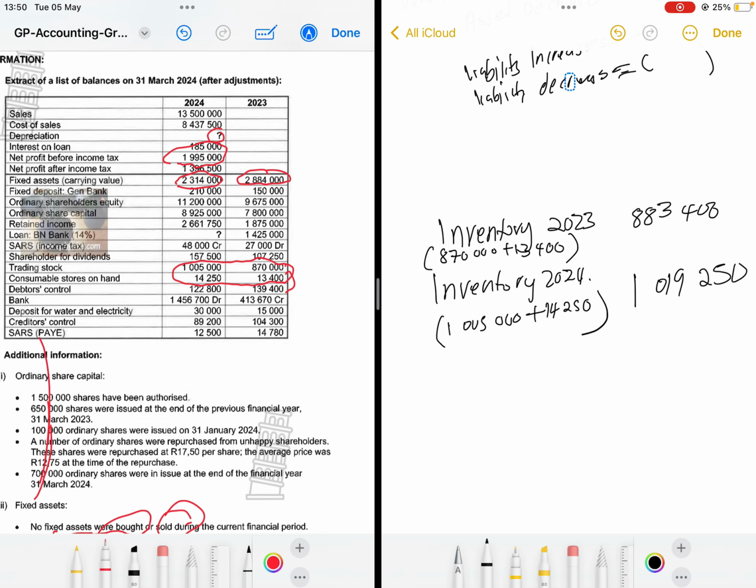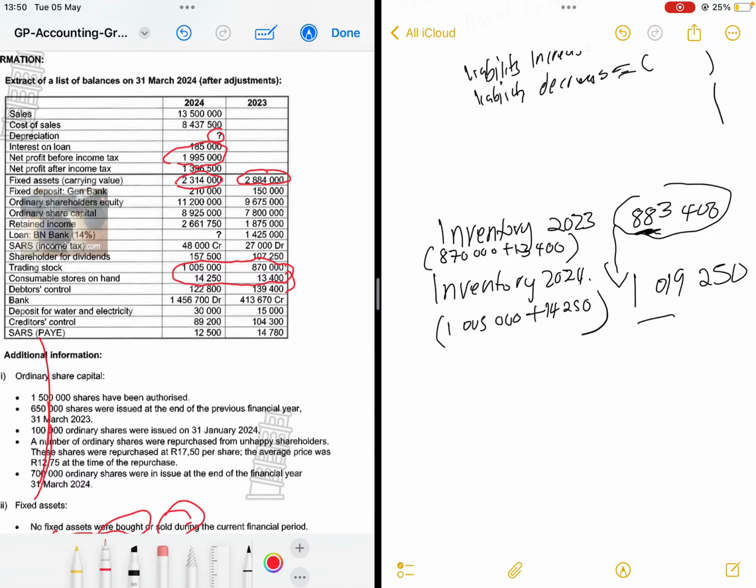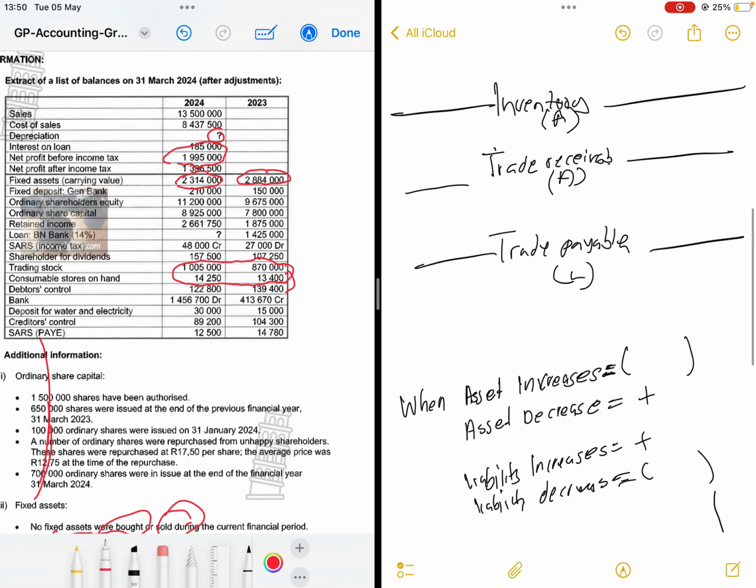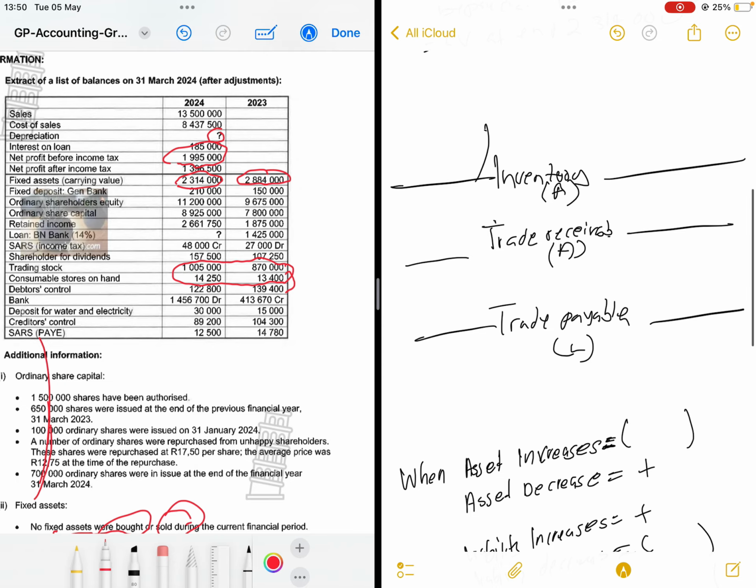It means that the inventory increased from 883,400 to 1,019,250. So an increase in inventory. Inventory is an asset, will lead us to outflow. So the difference between the two will be an outflow.